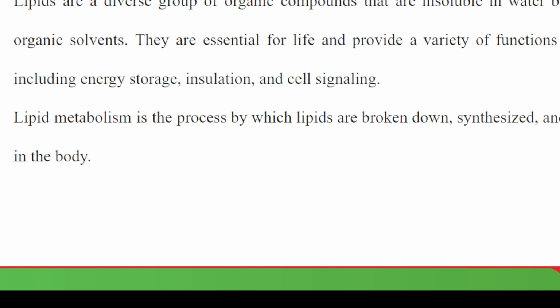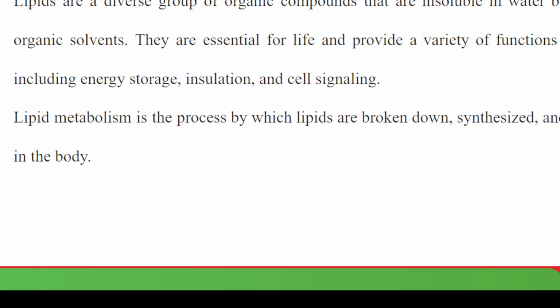They are essential for life and provide a variety of functions in the body, including energy storage, insulation, and cell signaling. We know that energy can be gotten from fats or lipids, and these lipids give up to 9 kilocalories per gram. They also provide insulation.